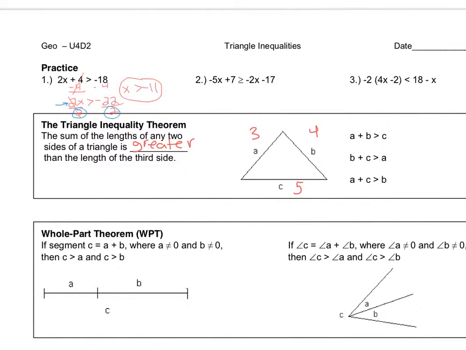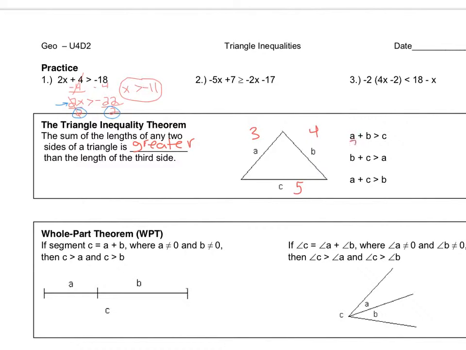What this theorem tells us is that any two sides, when we add them together, their sum will be greater than the remaining side.